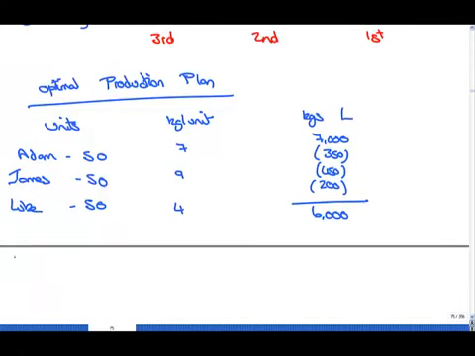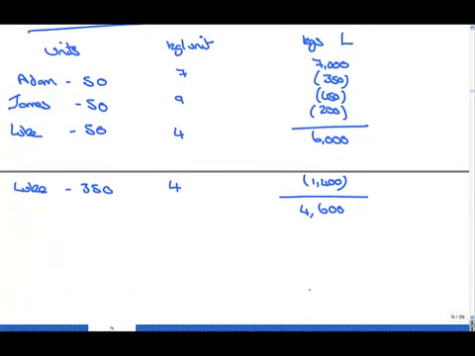So I'm then going to make Luke. And the demand for Luke was 350 batches. We needed 4 kilos for each, so we need 1,400 kilos for Luke. And that leaves us with 4,600 kilos. So we'll start production of James.